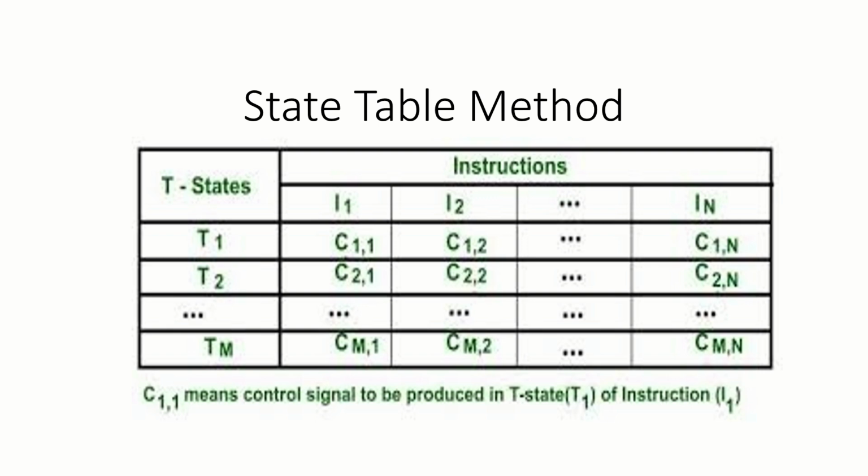In this method, we represent time states T1, T2, T3, up to Tm in the rows, as you can see in the diagram, and instructions I1, I2, I3 in the columns. The control signals are placed inside the table cells. These are the control signals to be produced in the T states of an instruction.